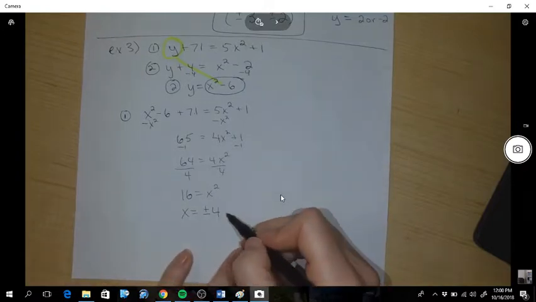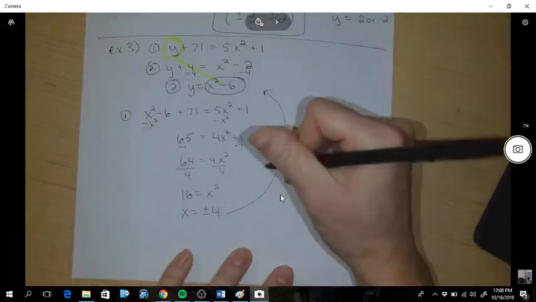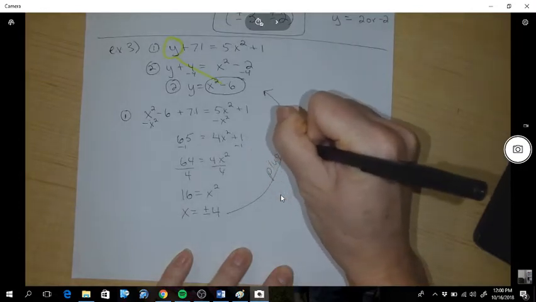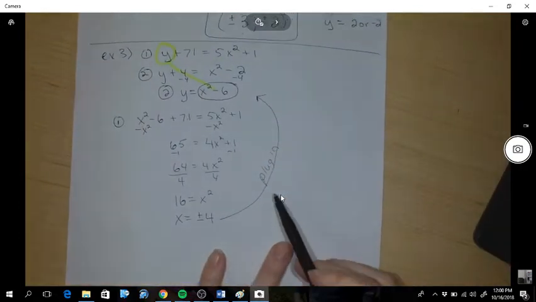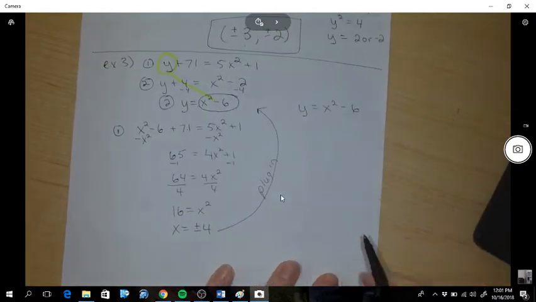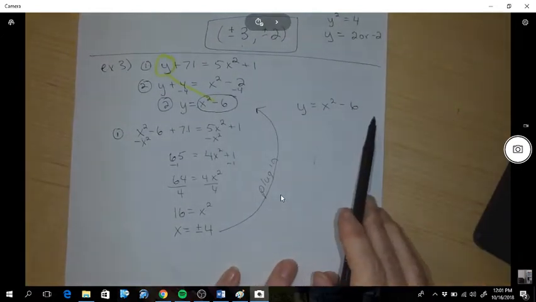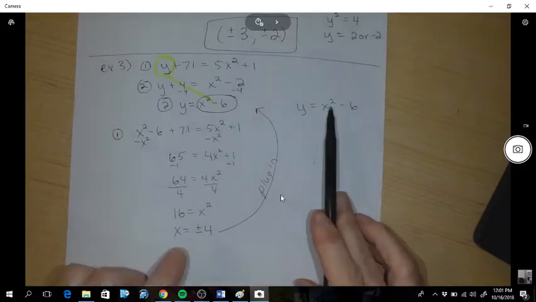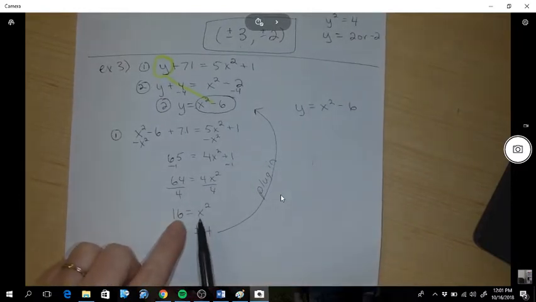I need y now, so I'm going to plug in. So looking to plug in, I'm going to go y. I'm just going to write this over here. y equals x squared minus 6. So y equals x squared, I can replace x squared with a 16.